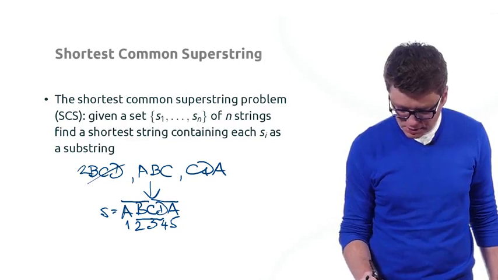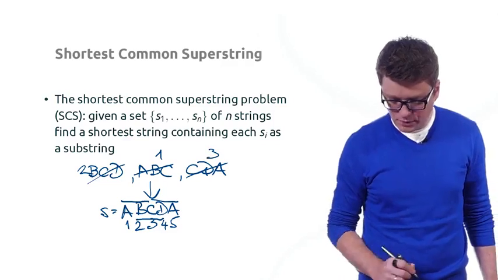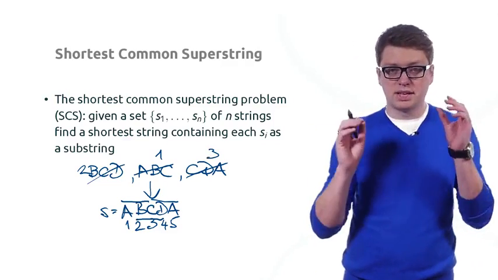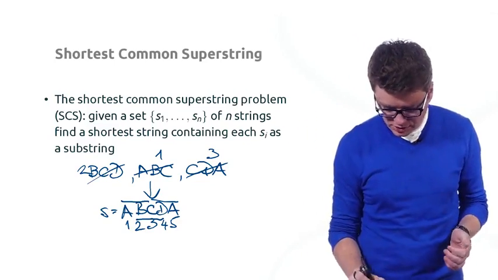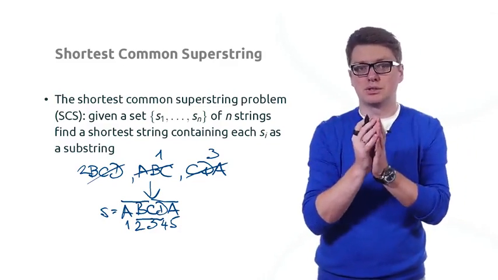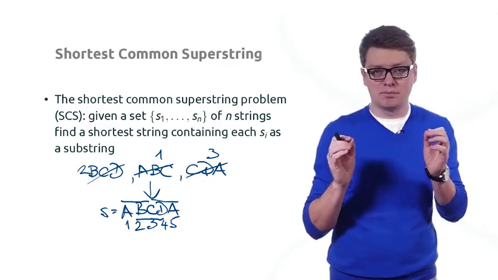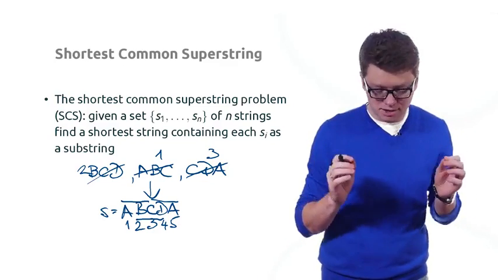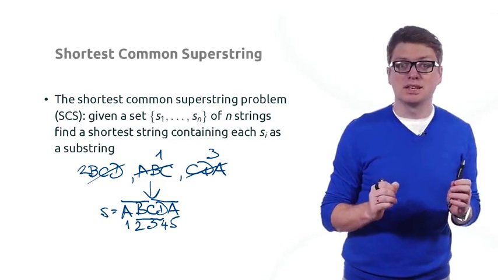Instead of ABC we store 1. Instead of CDA we store 3. So we store just the superstring and the indices of the first symbols. So instead of 9 symbols, for example, here we store 5 symbols and also 3 indices. In this case the space savings are probably not dramatic, but if we have many such strings, then it makes perfect sense.